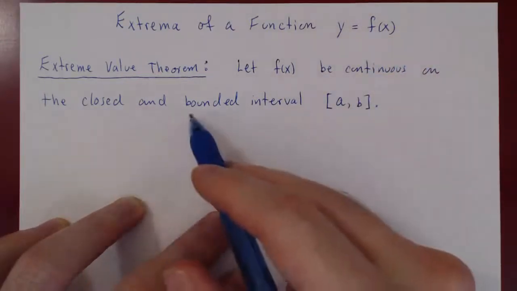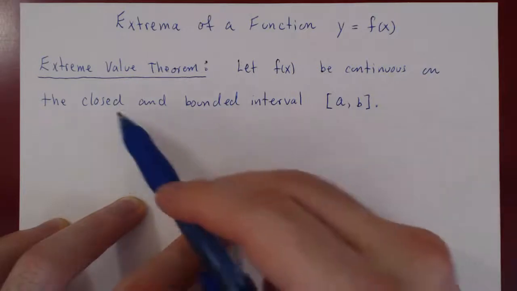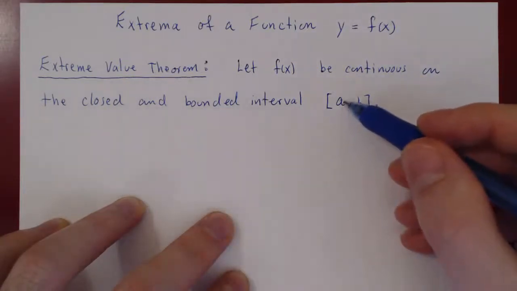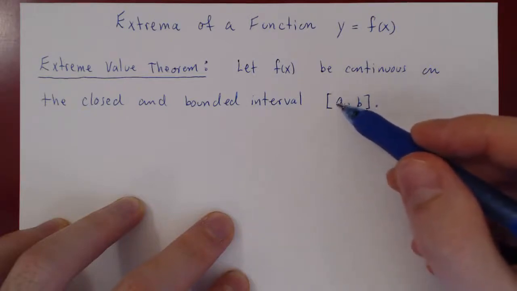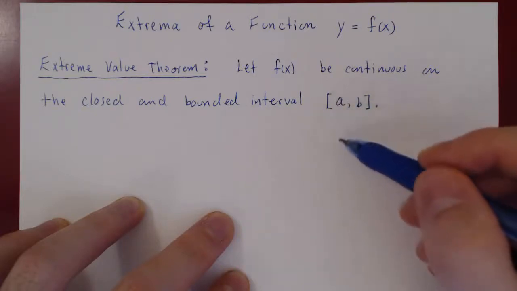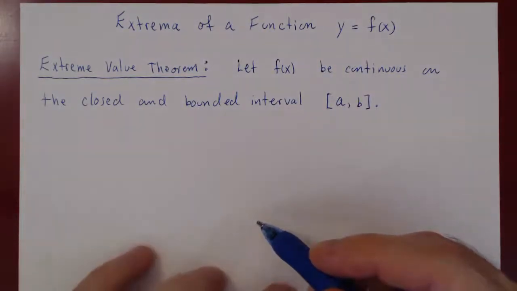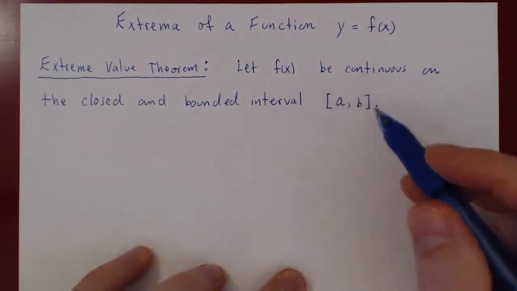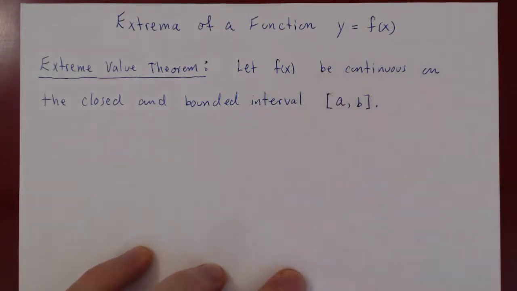So bounded means that the interval is finite, so both a and b here are fixed real numbers. And closed means that we do include the end points in our interval. So our interval goes from a to b, including the left endpoint a and the right endpoint b. So there are only two assumptions here. The interval is closed and bounded, and f of x is continuous on this interval.